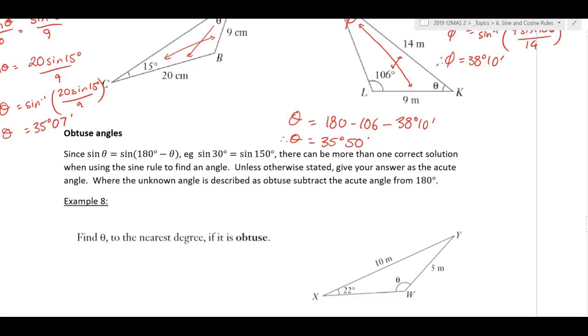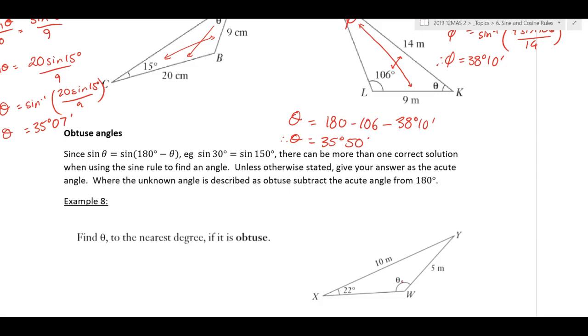So, it is possible for a triangle to have an obtuse angle in it, like this triangle here. See this triangle here? It certainly appears that this angle here is more than 90 degrees. And your calculator, when you do an inverse sine function, won't give you that answer. The calculator will give you an acute answer, an answer less than 90 degrees.